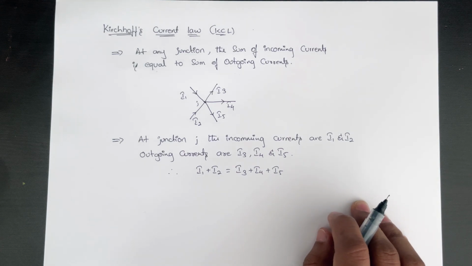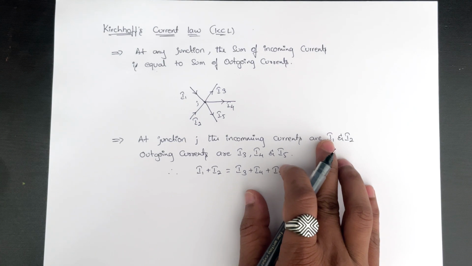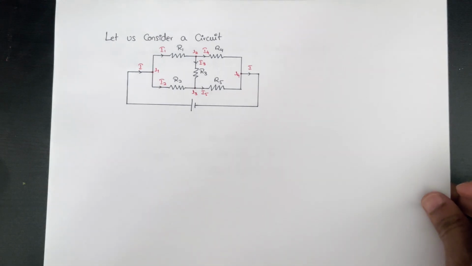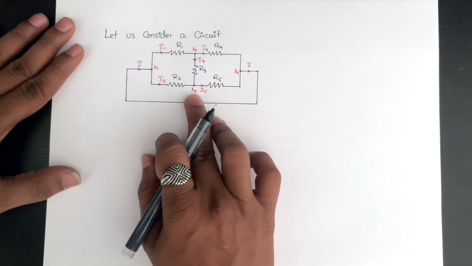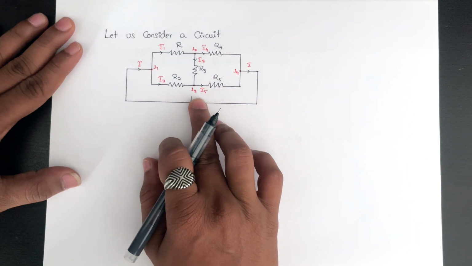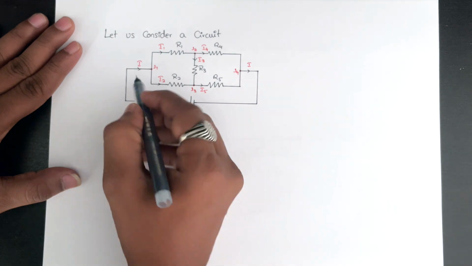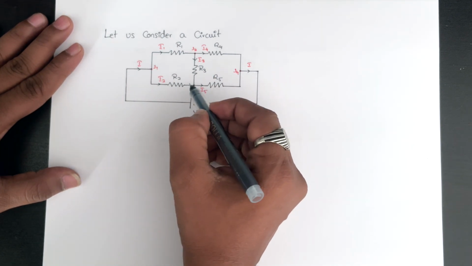Okay, let us take a better example of how this KCL acts in a circuit. Let us consider a circuit where we'll be having a parallel and series connection of resistors with voltage V acting. The current flowing in the circuit is I, and the branch currents are marked here.